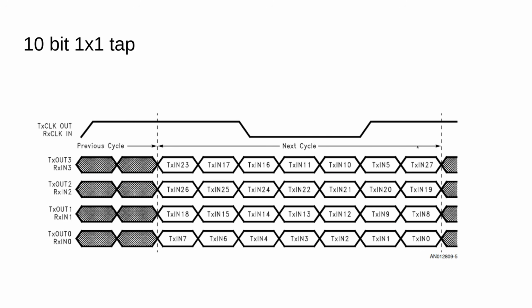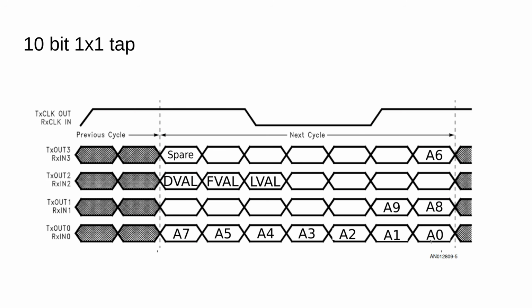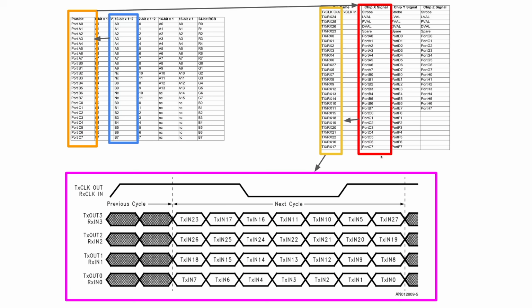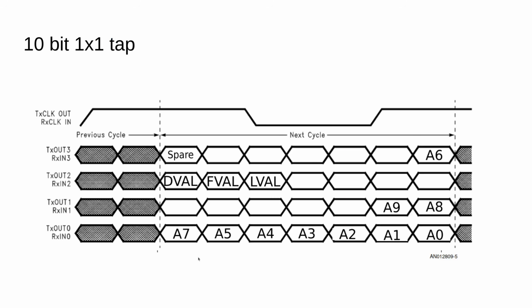So our 10-bit 1-by-1 tap looks something like this. So we have A1 to A4, A5, A7, A8, A9, A6, then our DVALs, FVALs, LVALs, and the spare value. So that's how the mapping went. We took these A values that map to these A through B ports, which map to these RX bit sequences, which map to the 4 data lines like this.